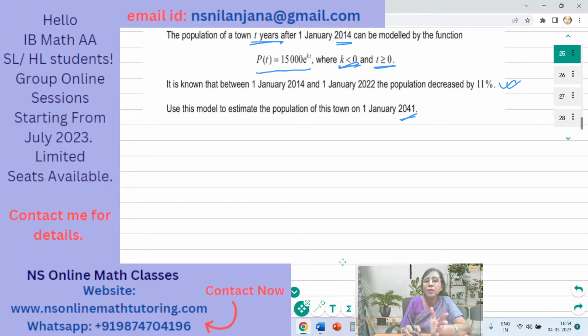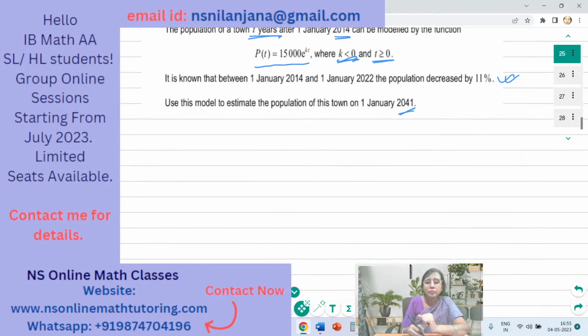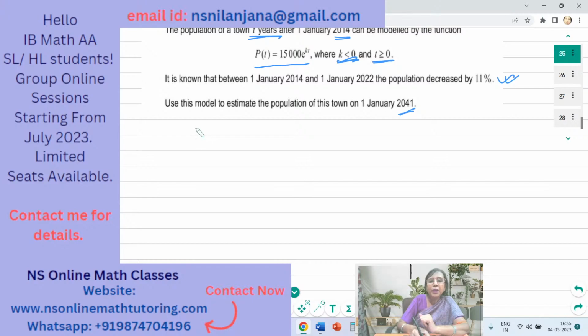It is 15,000 times e to the power of k times 0, or e to the power of 0, which is 1. So P of 0, t is equal to 0, therefore P of 0 is equal to 15,000 times e to the power of k times 0.